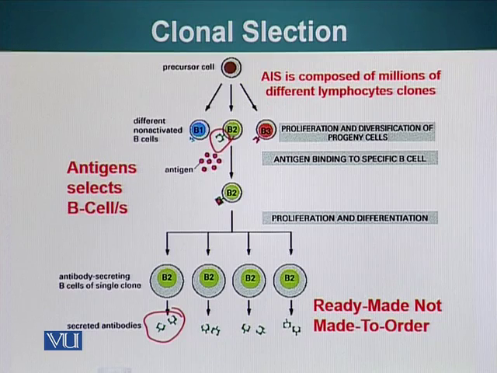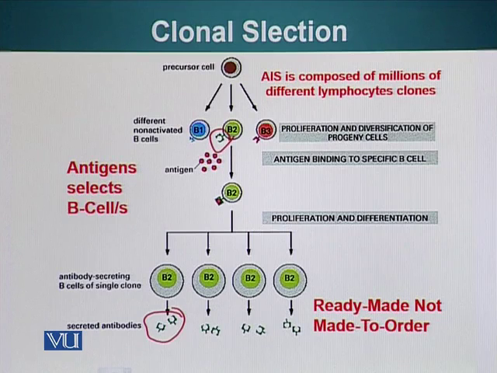So what we can say about the immune system is that it is ready-made, not made to order. What is the difference? We have a vast variety of B cells, B lymphocytes, which have antibodies on their surface with different antigen specificity. When antigen comes in, our B cells are already ready-made. Whichever B cell can bind that antigen will become active, it will divide, and it will produce antibodies.